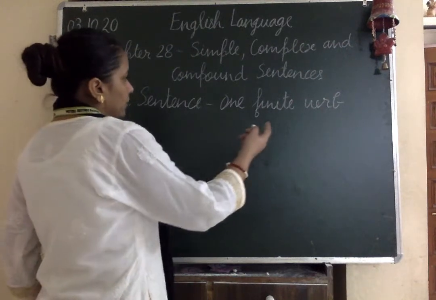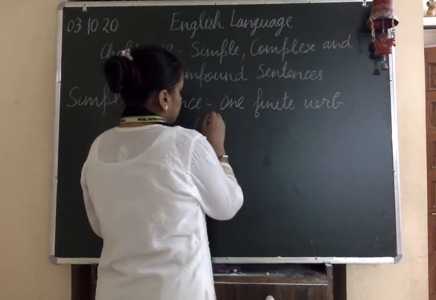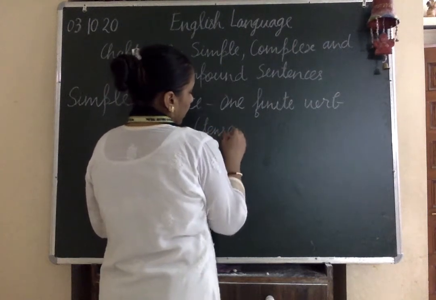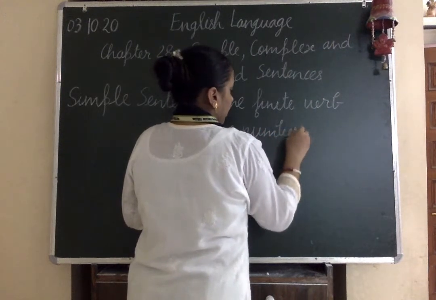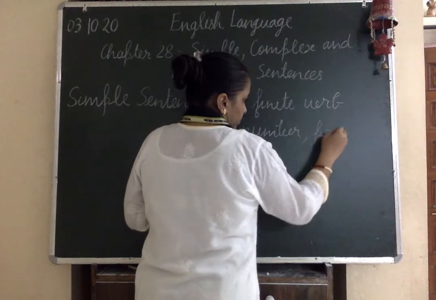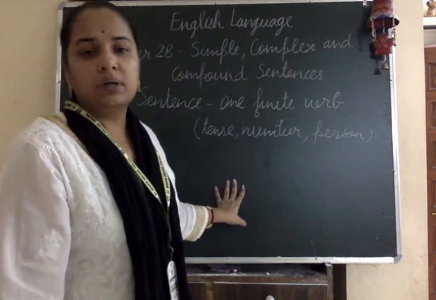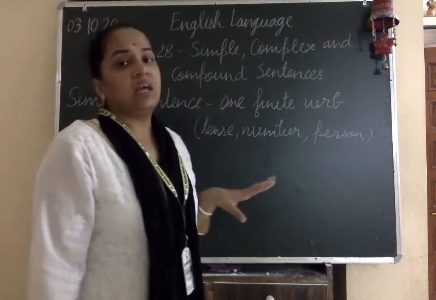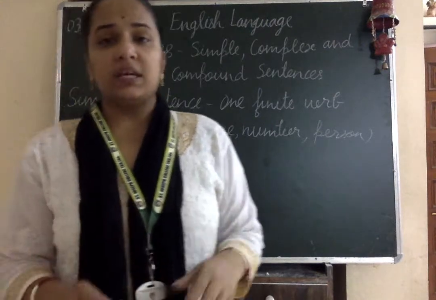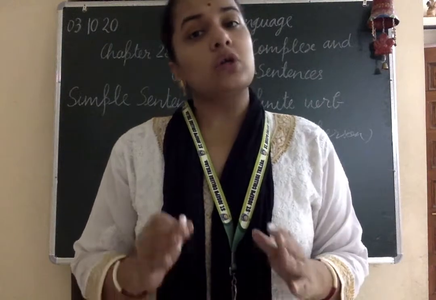Now, in this finite verb, as we have discussed, there has to be tense, number and person. Tense, number and person. So in this way, we can say the simple sentence also works as the main clause of any sentence.